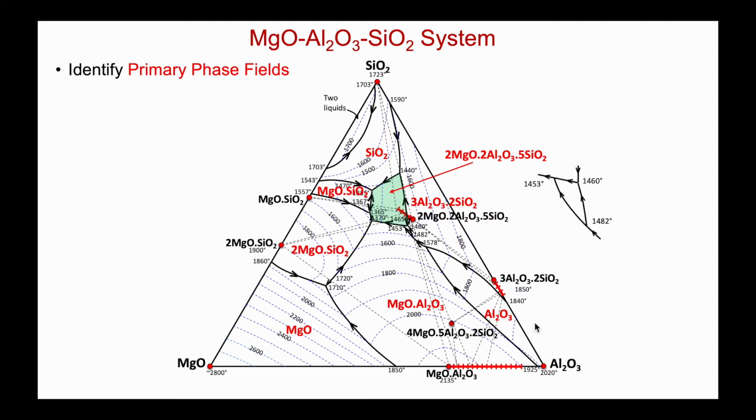It's actually the primary phase field of safran, and here's the formula of it. So in this case, the primary phase field of this compound is significantly removed from the composition of the pure solid itself. And so we're going to have to be careful when we look at crystallization paths and bear that in mind. Bringing all of that together, here are all the different primary phase fields in the system with their various labelings.